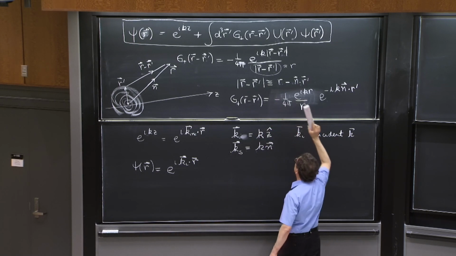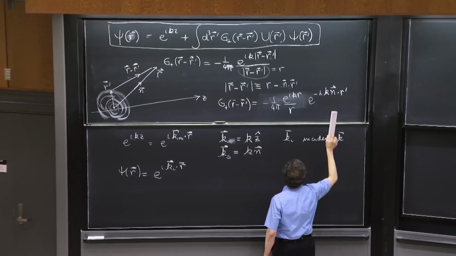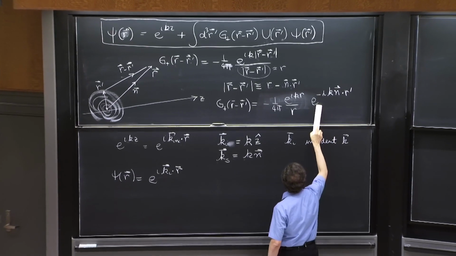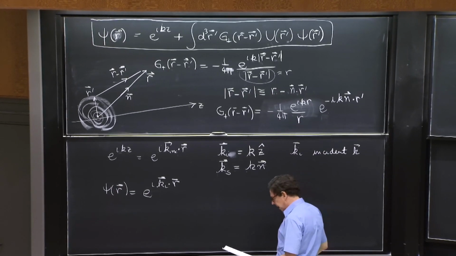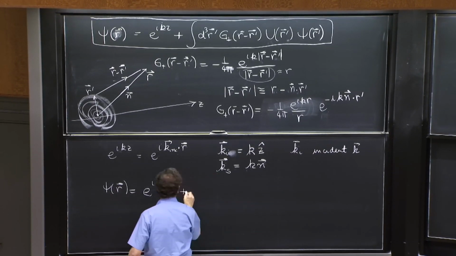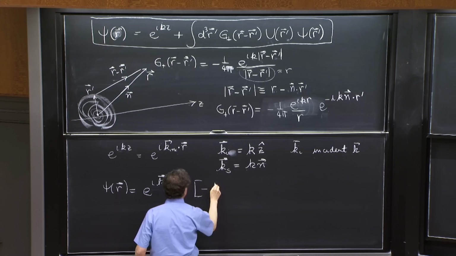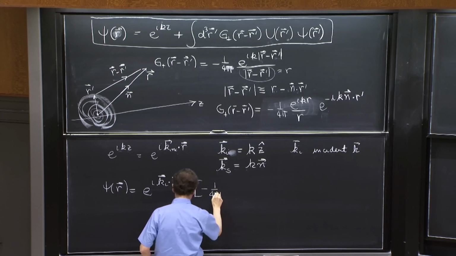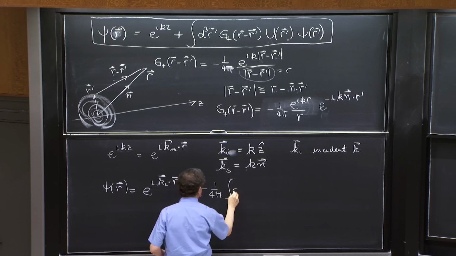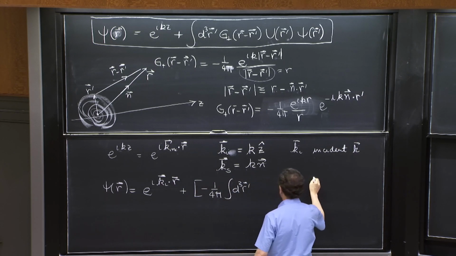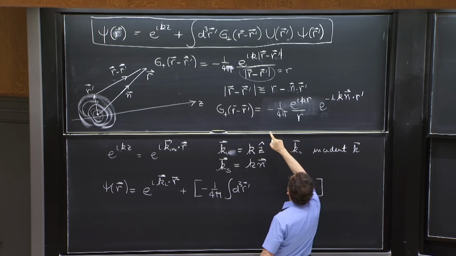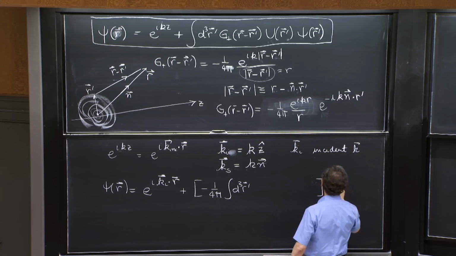So it's an integral over r prime. The only term here that has an r prime is this exponential, so all of this can go out. So the way I'm going to make it go out, I'm going to have the minus 1 over 4 pi here, and the integral d cubed r prime. And I'm going to have the rest of the Green's function placed in the standard position we've used for scattering.